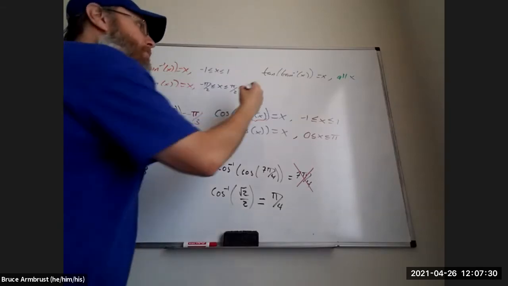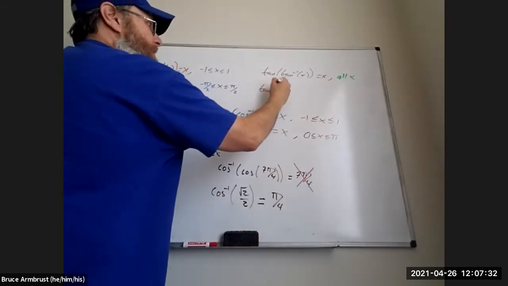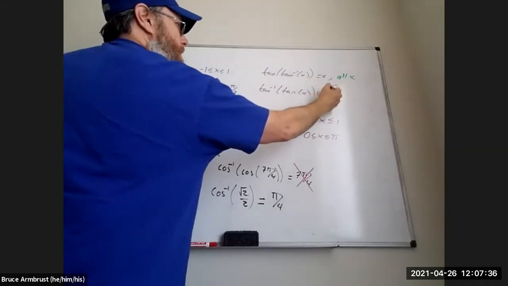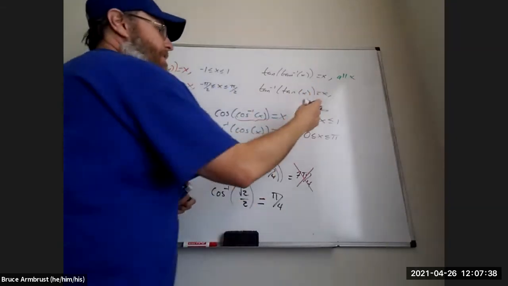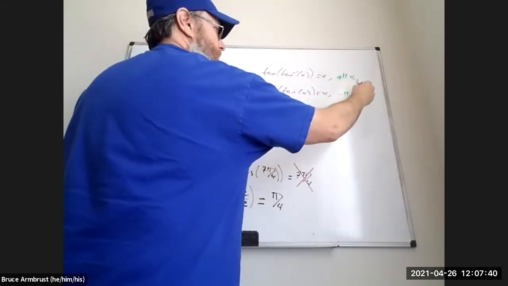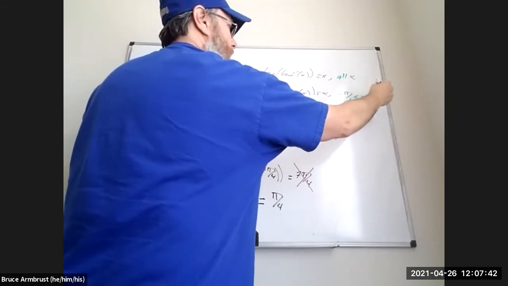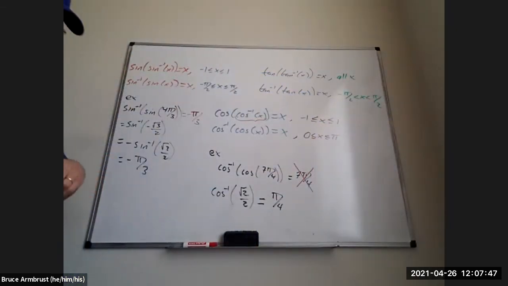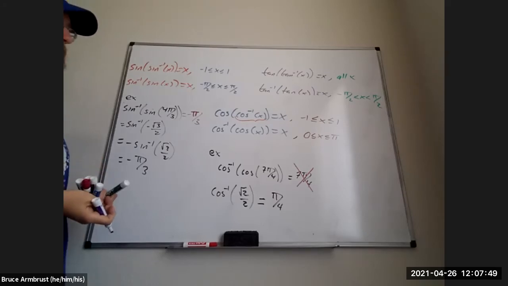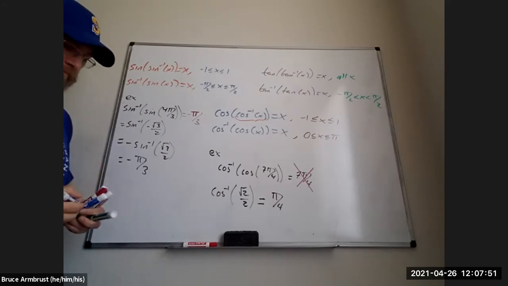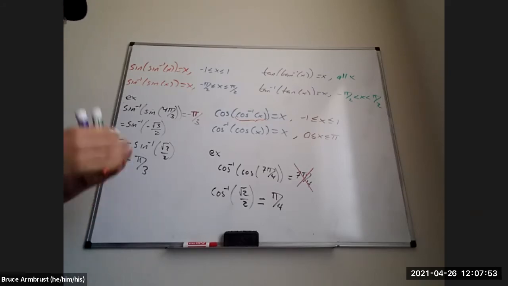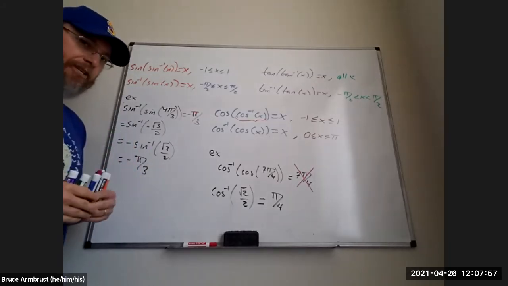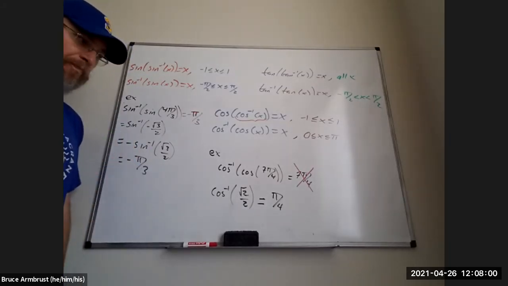If you do the tangent inverse of tangent of x, again there is a restriction. It's the x's that are between -pi/2 and pi/2, not including the endpoints, so those are strictly greater than and less than symbols. But that's due to the exact same reason: the restriction on the tangent to make the inverse even exist.